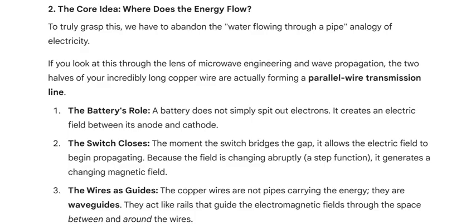It creates an electric field between its anode and cathode. The switch closes. The moment the switch bridges the gap, it allows the electric field to begin propagating. Because the field is changing abruptly, a step function, it generates a changing magnetic field. The wires as guides. The copper wires are not pipes carrying the energy. They are waveguides. They act like rails that guide the electromagnetic fields through the space between and around the wires.